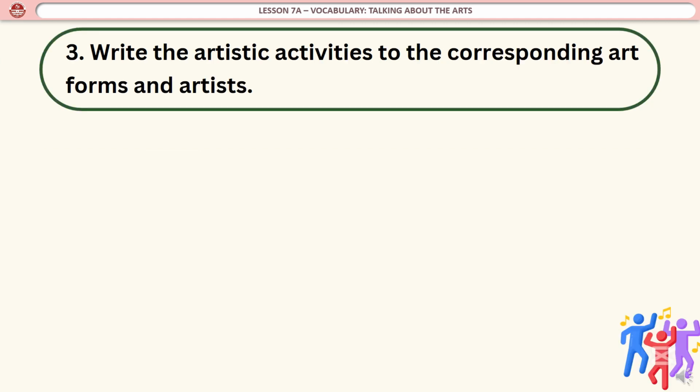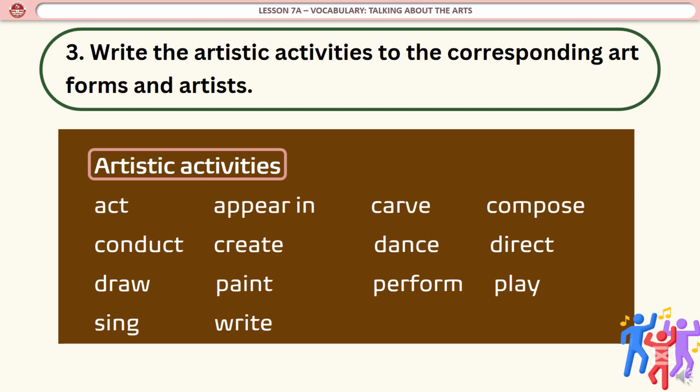Number 3. Write the artistic activities to the corresponding art forms and artists. So to help you, here are the clues for the artistic activities. Please pause the video and complete this activity. Now, let's check the answer. You can pause the video to check.